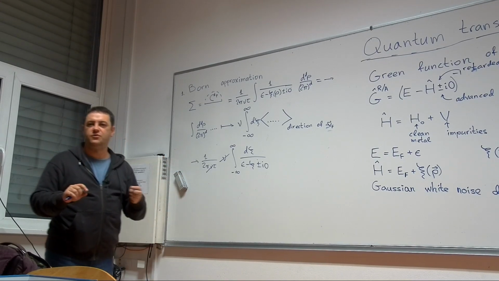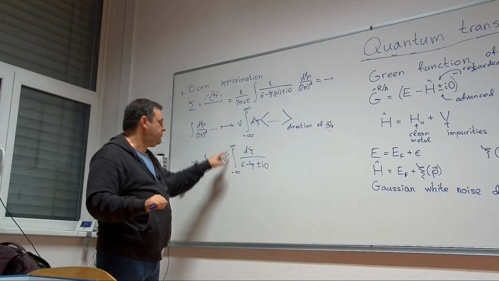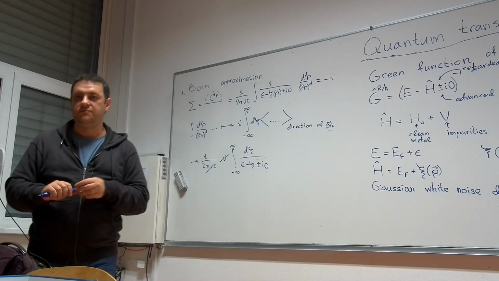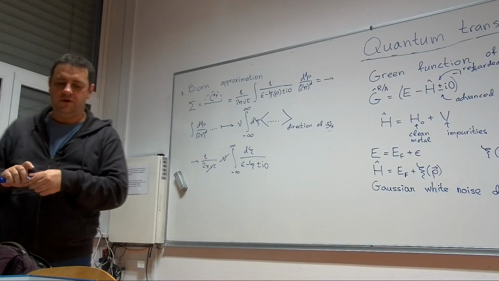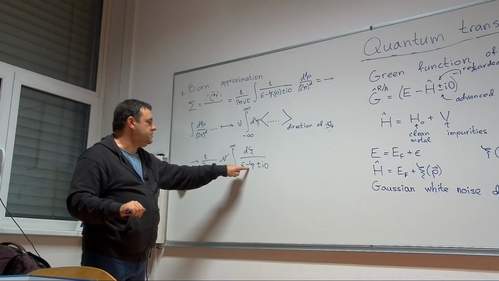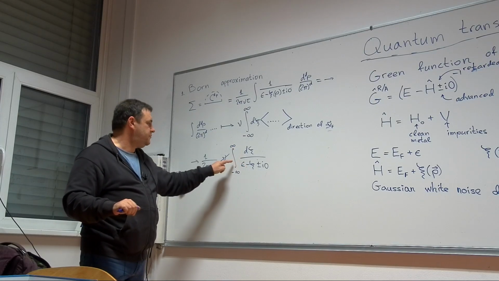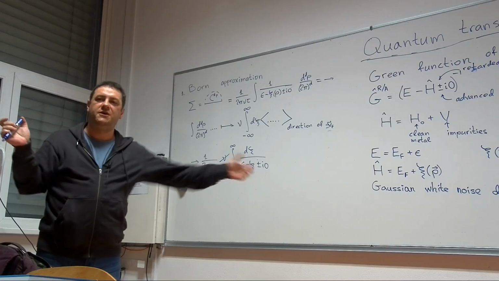This integral is not well defined because if I really take it from minus to plus infinity, it diverges logarithmically. Logarithm of infinity is infinite. But above 0 or above epsilon, it has one sign, and below epsilon, it has the opposite sign. So it diverges to plus infinity in one direction, and to minus infinity in the other.